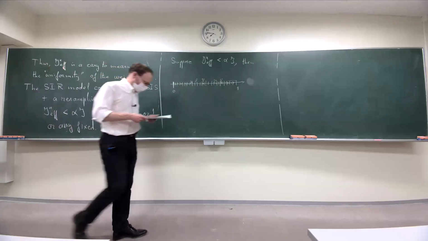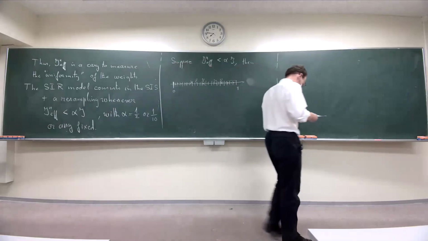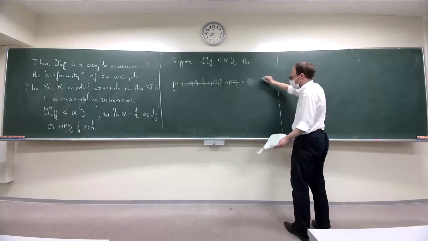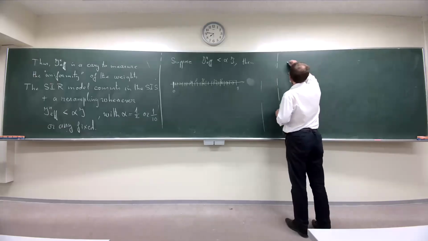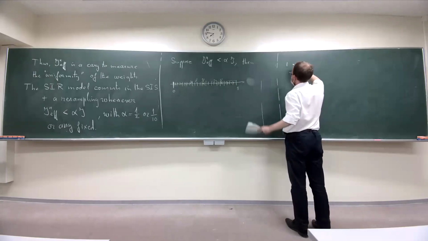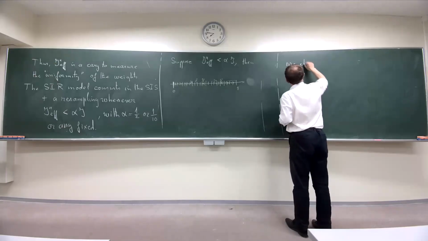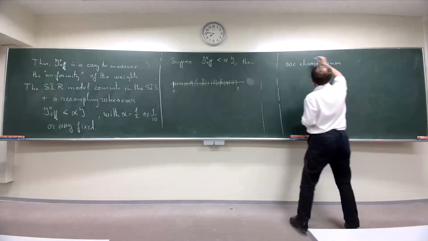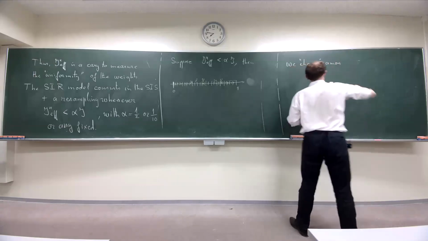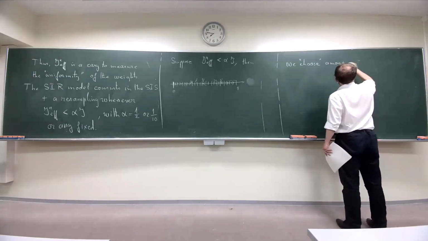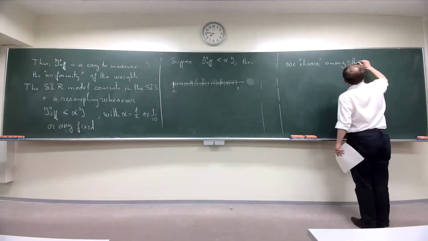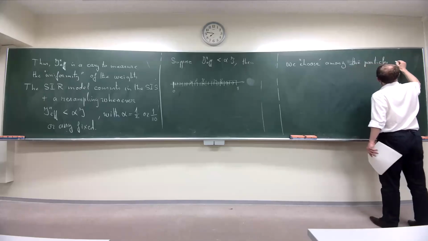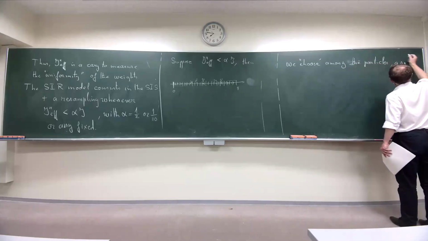So let me write on. There is a missing part. Maybe just keep a few lines. So when we are here, choose among the particles a subset or a new set. The way we choose is what I'm for now missing.